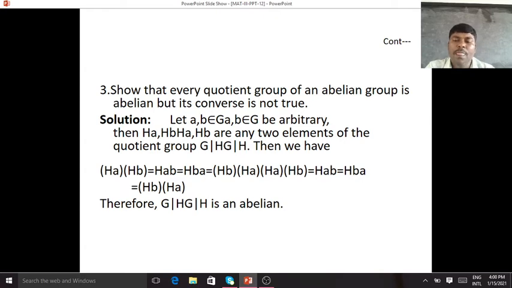Then we have HaHb = Hab = Hba = HbHa, by the definition of quotient group. Therefore, G/H is abelian.